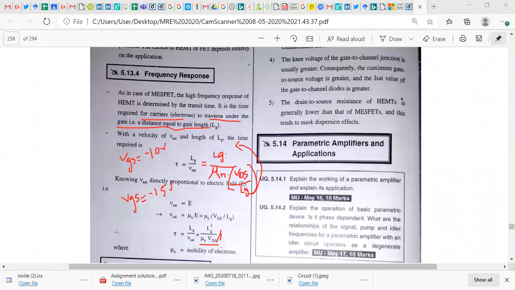What have I done with the VGS now? Earlier VGS was 10 volt. I made it 15. What have I done with VGS?